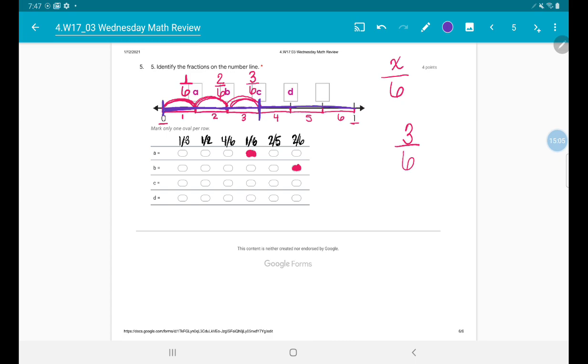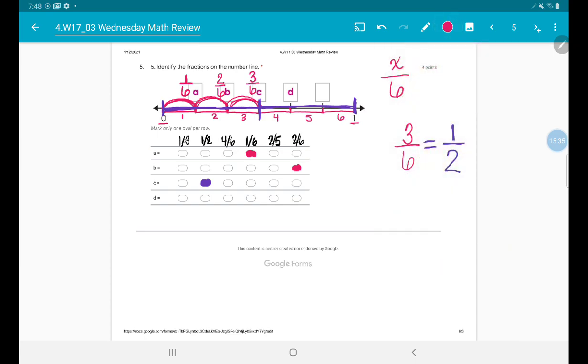And then from 3/6 to 1, I can see that that split my number line in half. 3 is half of 6. 3/6 is equal or equivalent to 1/2. So for C, we'll mark 1/2.